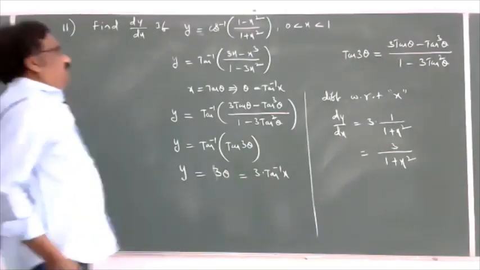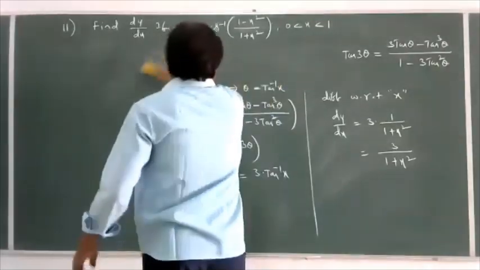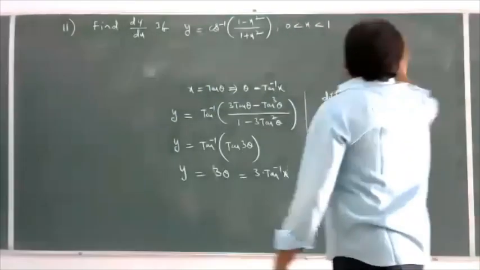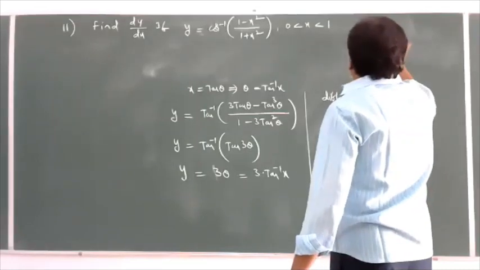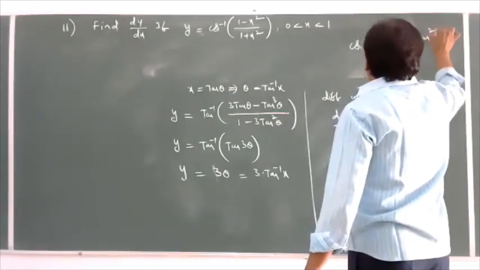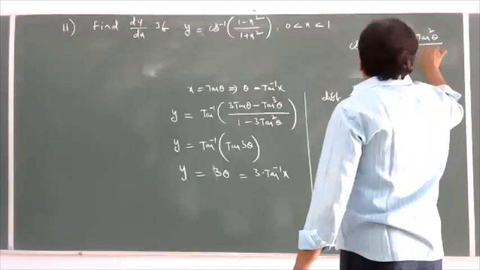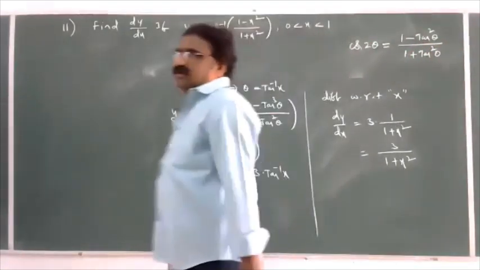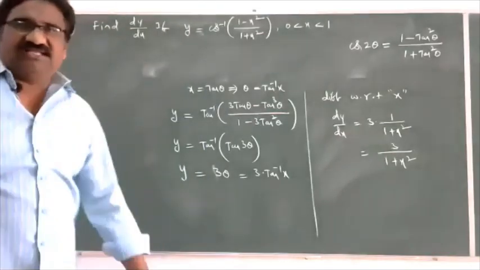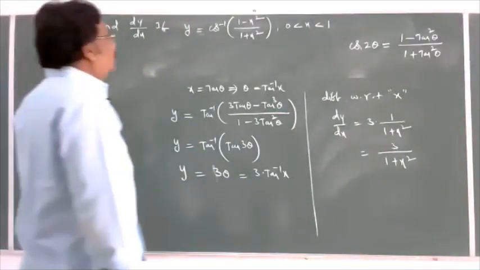Here also, you remember the formula. What is cos 2 theta in terms of tan theta? Cos 2 theta is equal to 1 minus tan square theta by 1 plus tan square theta.